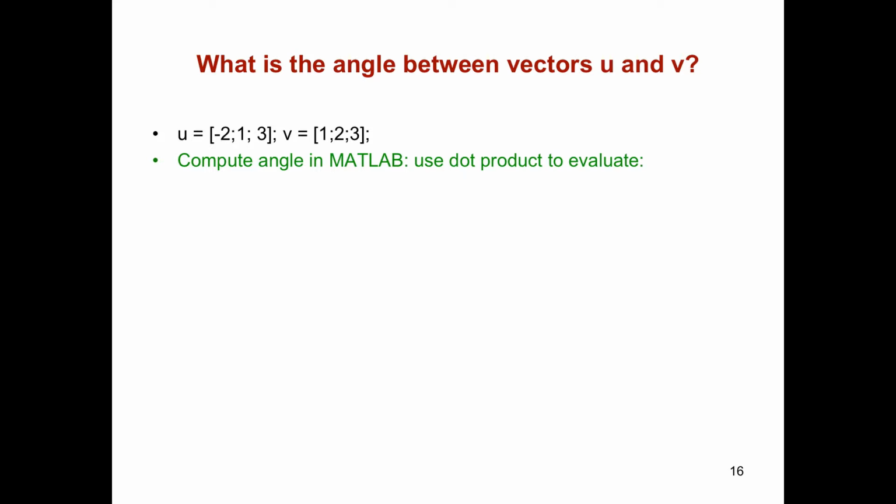Oh, and to get an angle, you need inverse cosine, which is acos, and acosd. acosd gives degrees, otherwise you get radians.